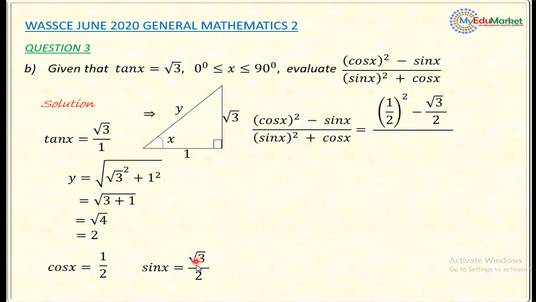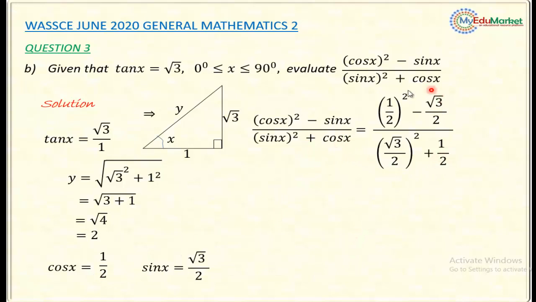Sin x is root 3 all over 2. Down below, sin² x is (root 3 all over 2) whole squared, plus cos x, which is 1 over 2.